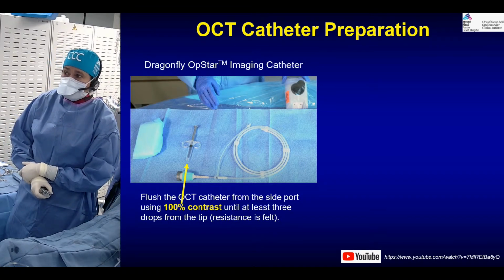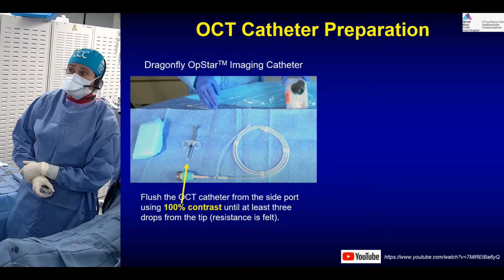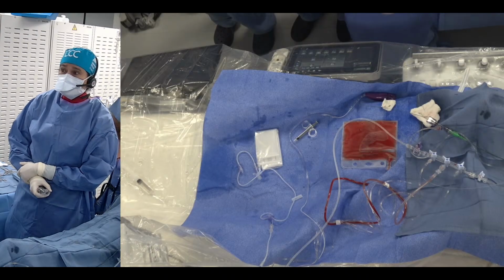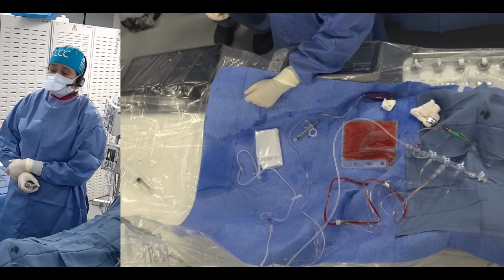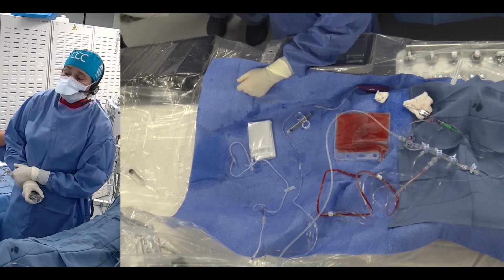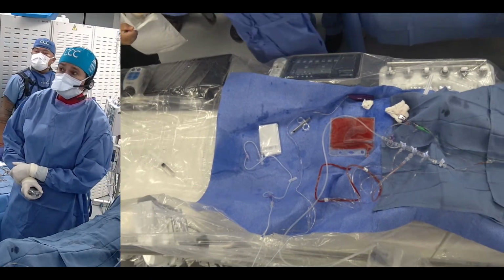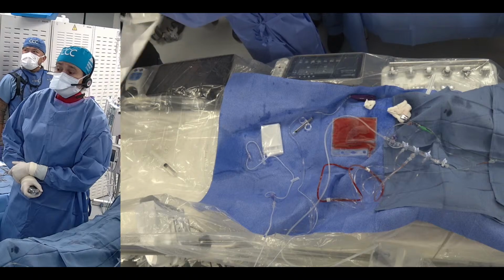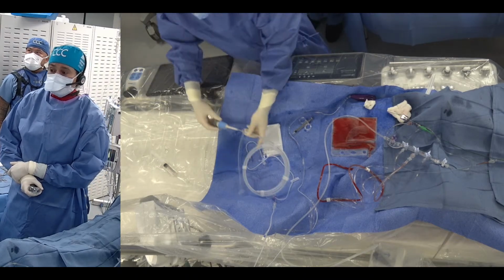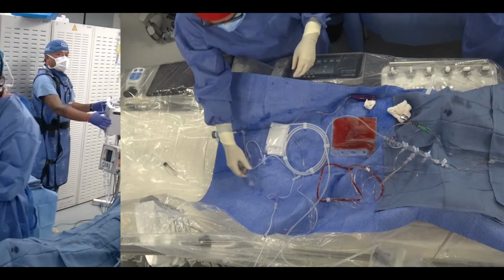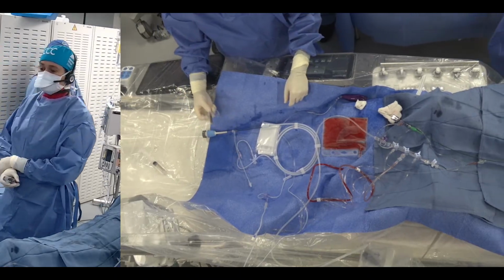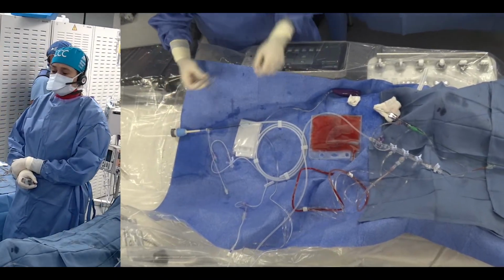So if you see that right now, can you go to the ceiling camera? Okay, good, excellent. So we have Asif. He's opening the catheter. Like Dr. Kinney mentioned, you can see the OCT catheter here, and this is the side port. We're going to take some pure contrast in the syringe and we're going to flush it.